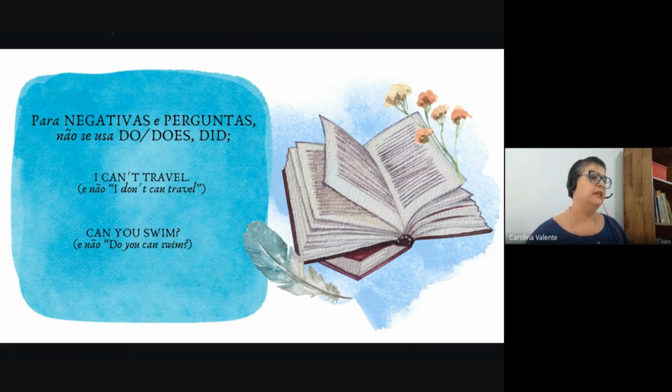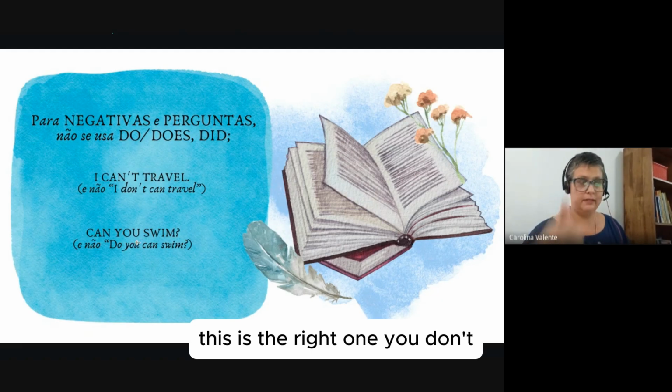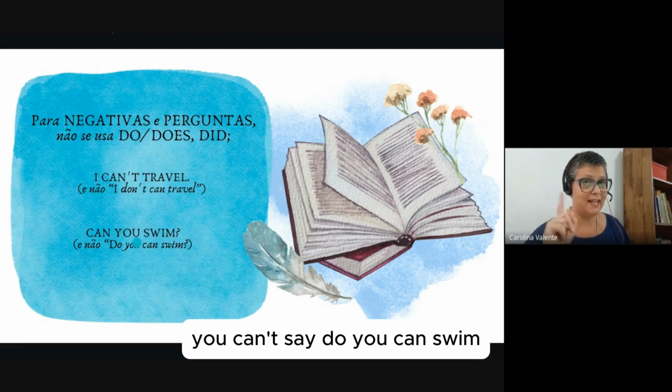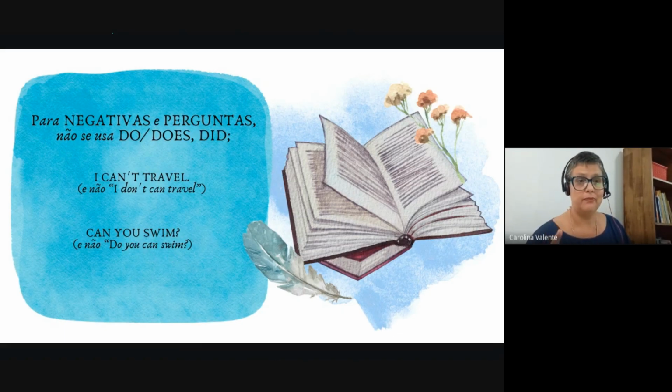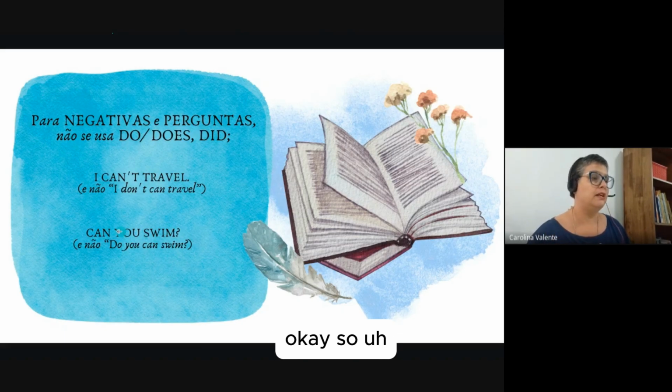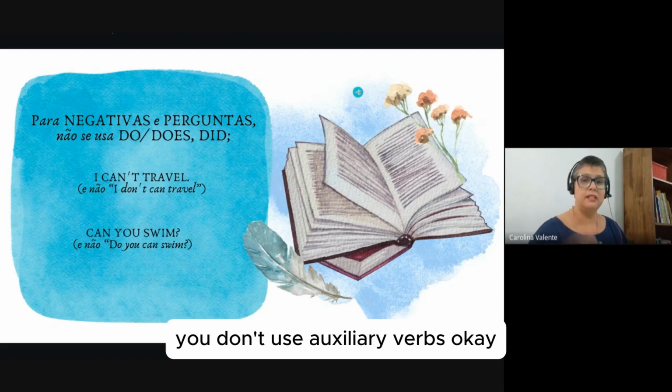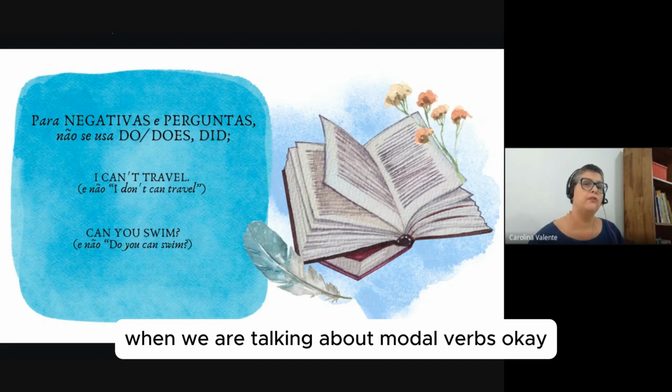Okay? Can you swim? This is the right one. You can't say, do you can swim? Not possible. Okay? So you don't use auxiliary verbs when we are talking about modal verbs.